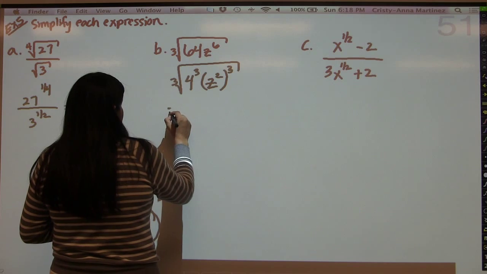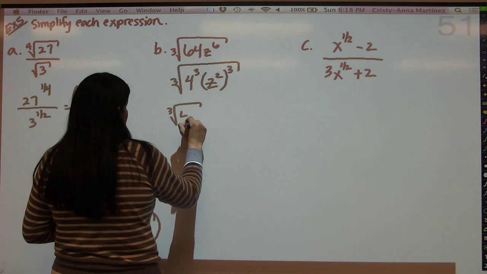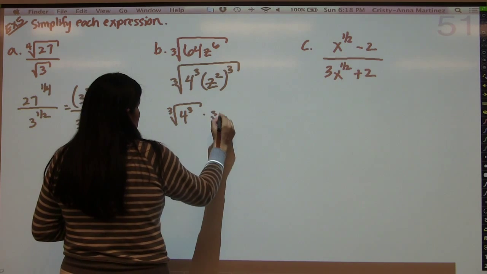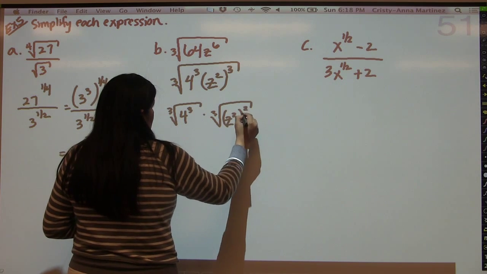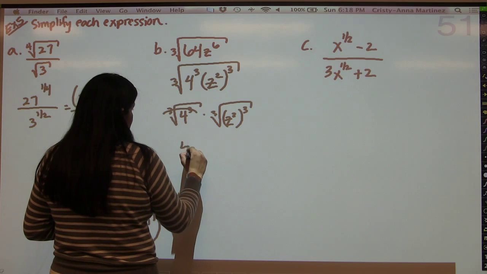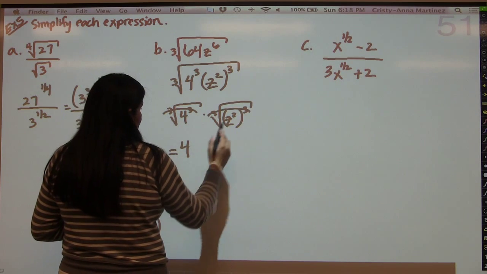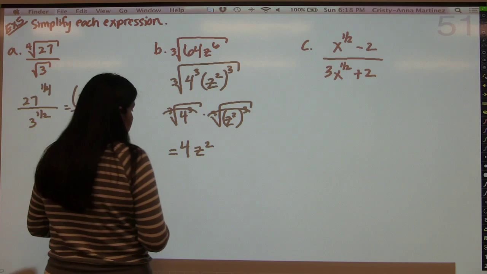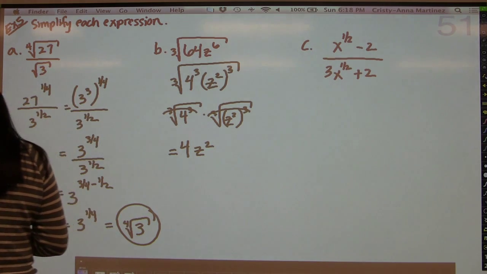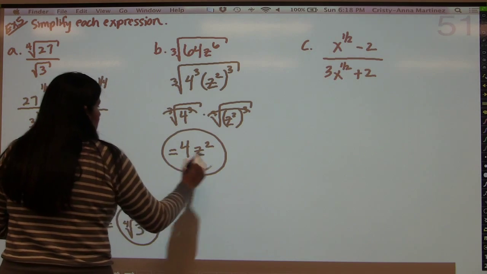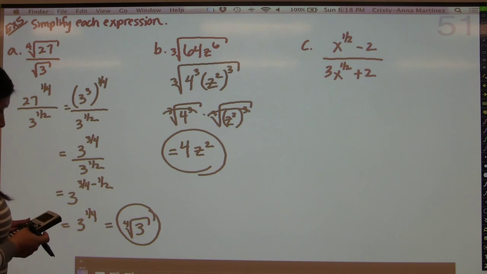So then I will get cube root of 4 cubed times cube root of z squared cubed. And so then they'll cancel and give me a 4. And they'll cancel and give me a z squared. So I get 4z squared for my answer for part B. Nice and easy peasy Japanesey.